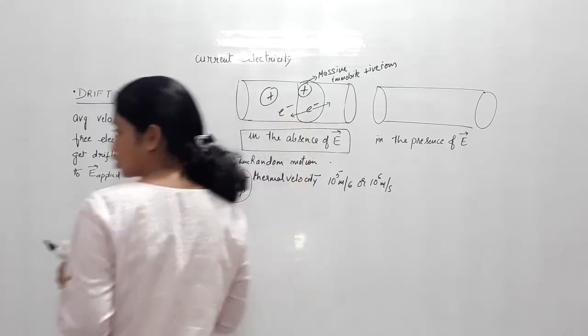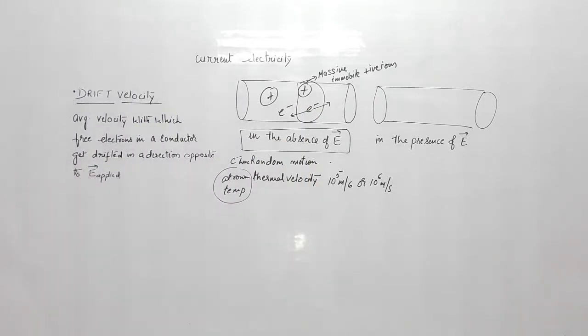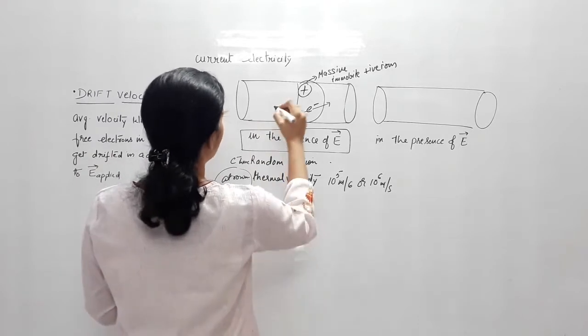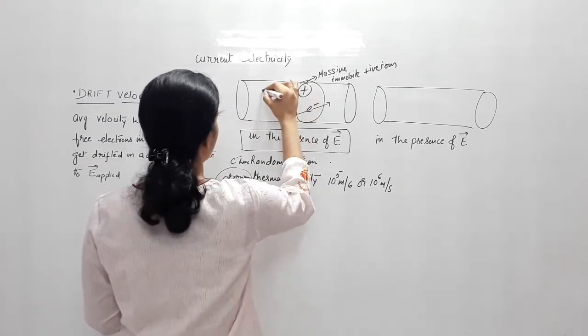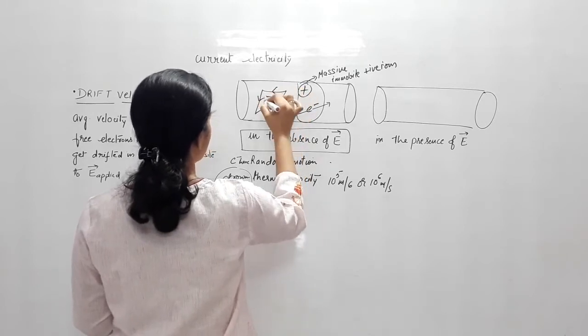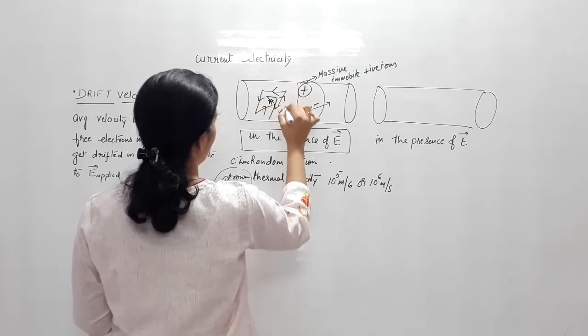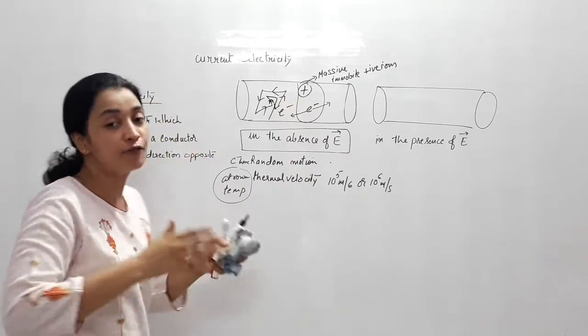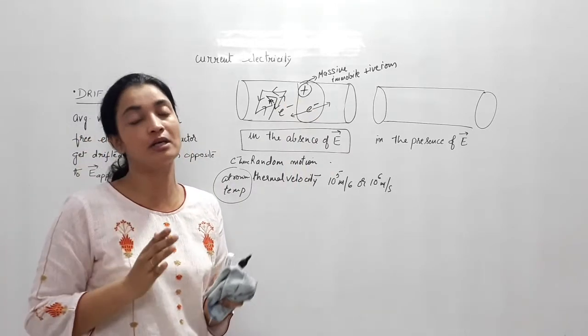The electron's motion is all zigzag random. Random motion of electrons, and hence the net flow of charge through any cross section is zero.